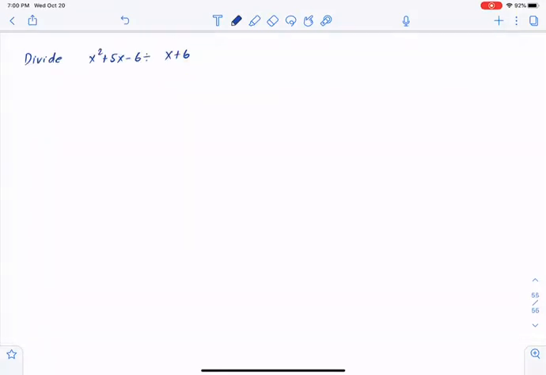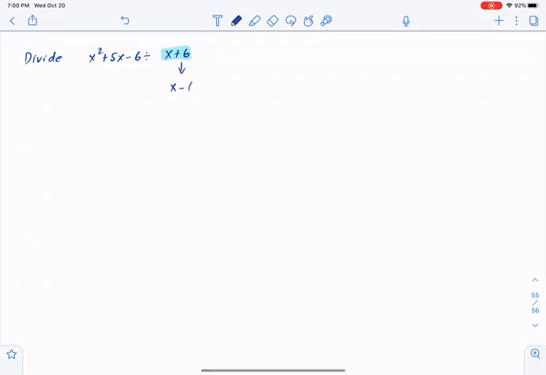So we want to divide x squared plus 5x minus 6 by x plus 6 using synthetic division. But before we proceed, we've got to recognize that the denominator has to be changed because we require x minus something.